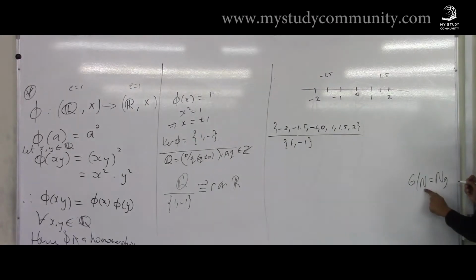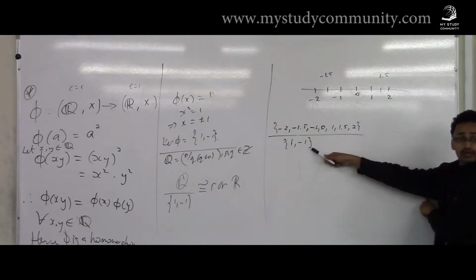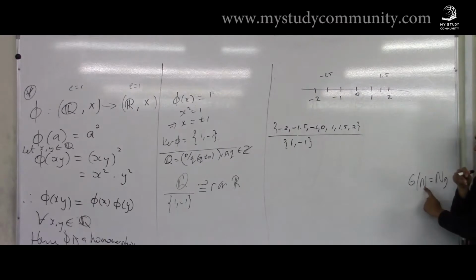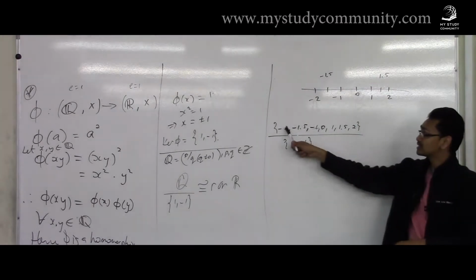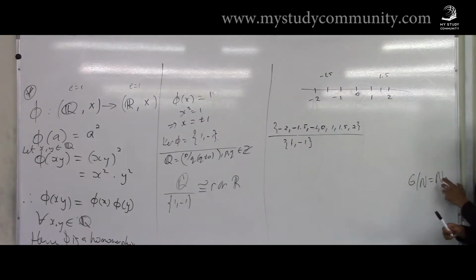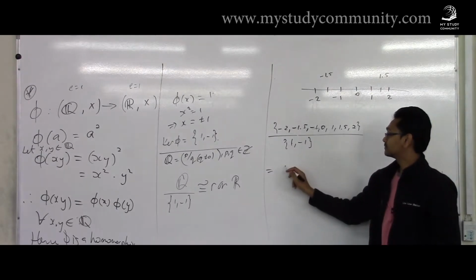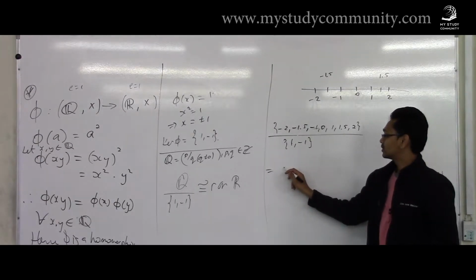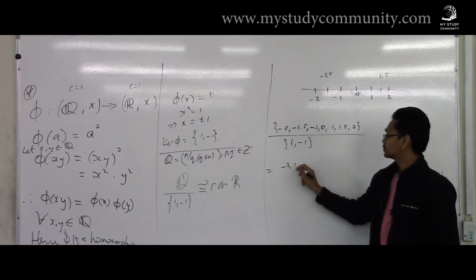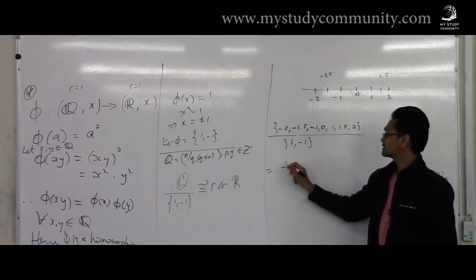So in this case, my n is {1, minus 1}, and I'm taking elements in G, which are small g's, which are these numbers, and I'm multiplying them. Yeah? So if I take minus 2, what do I get? I'm going to get minus 2, 2, yes?